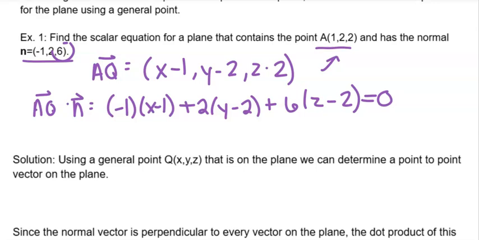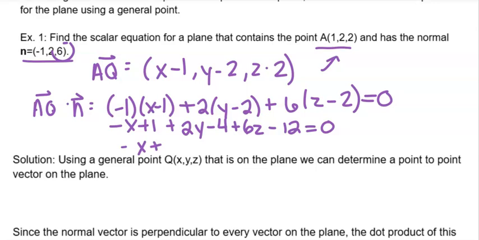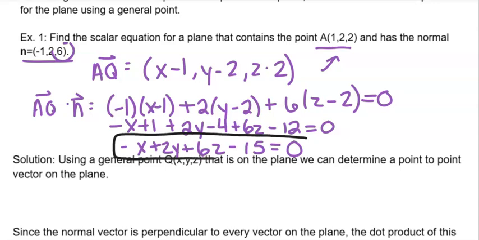When I work this out, I'm going to have negative x plus 1 plus 2y minus 4 plus 6z minus 12 equals 0. Collect my like terms. And 1 minus 4 minus 12 is negative 15, equals 0. And here is the scalar equation of my plane.